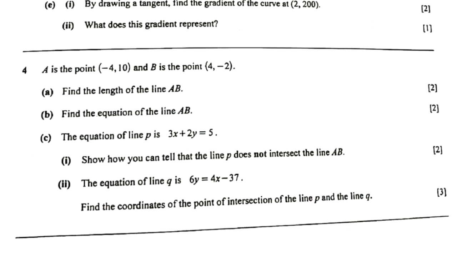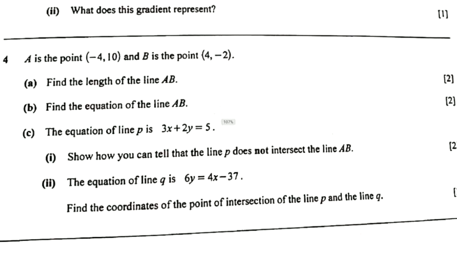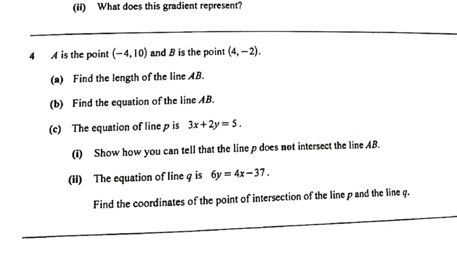Next. A is a point and B is a point. Find the length. Here you must memorize the formula. What's the formula? Square root of (y2 minus y1) squared plus (x2 minus x1) squared.